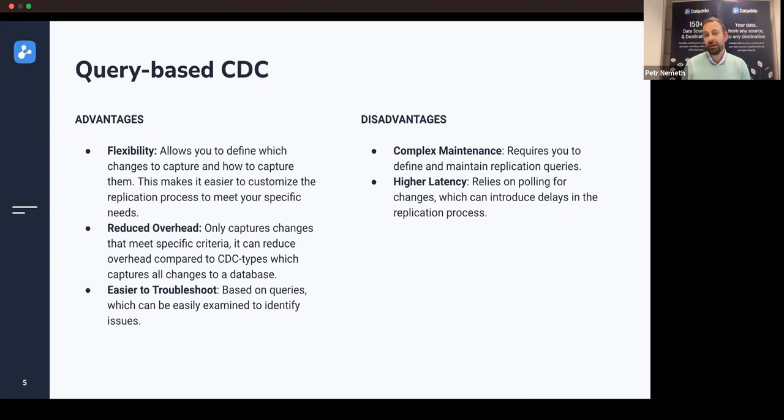The second trade-off is high latency. You cannot achieve real-time replication using, let's say, a standard select query, meaning that you would use a select query to select data and then run some insert process. This is typically run as some sort of batch process where you move data at some scheduled time. This might be okay in situations where you don't need to analyze the data in real time, or when real-time data doesn't matter.